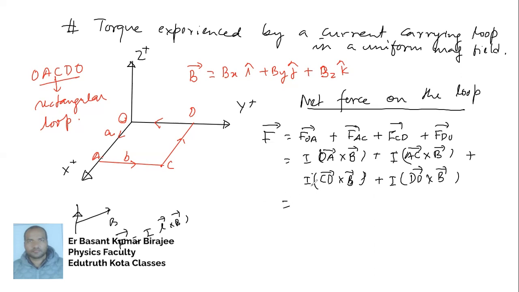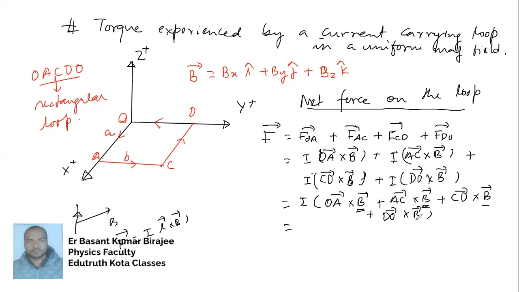See, you can take I common. Then you have OA cross B, then AC cross B, then CD cross B, then DO cross B. And see here, you have B everywhere.